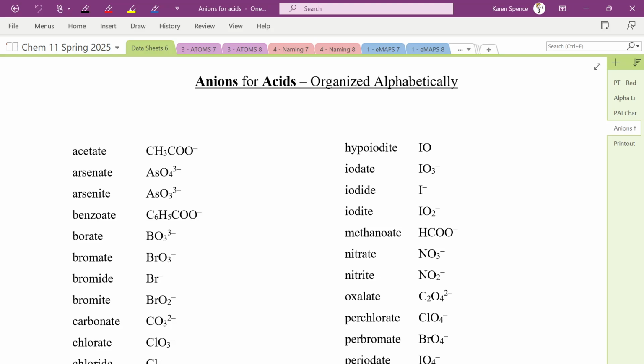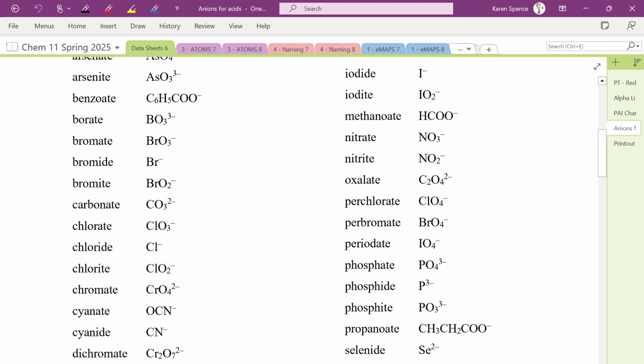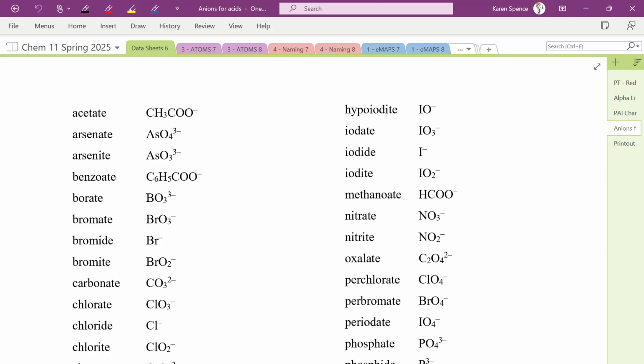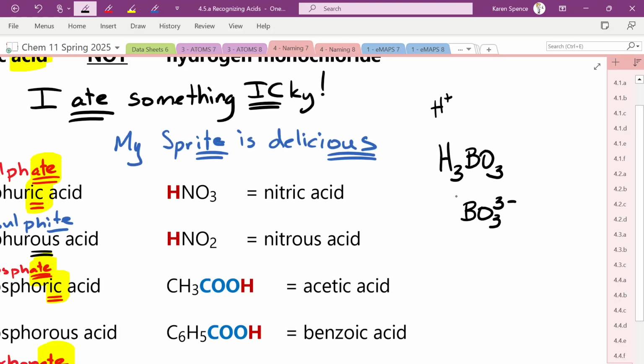So when you're working with acids, you can look here and say, under B, BO3 3 minus is borate. So we'd go back here and say H3BO3. I recognize that that is an acid, so it needs its special acid name. The name of this ion is borate.